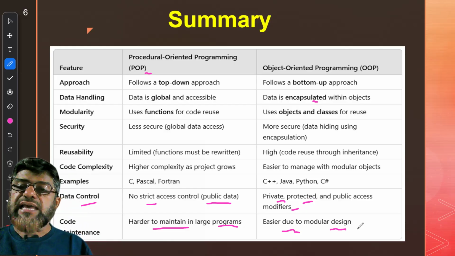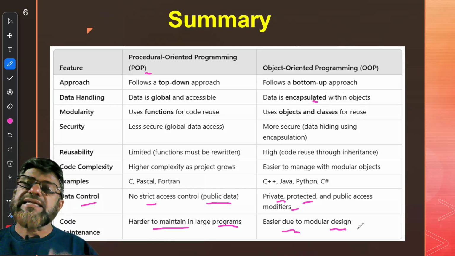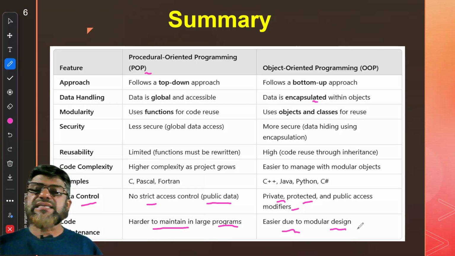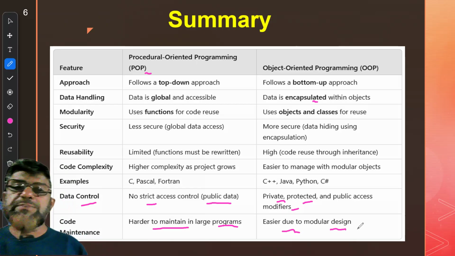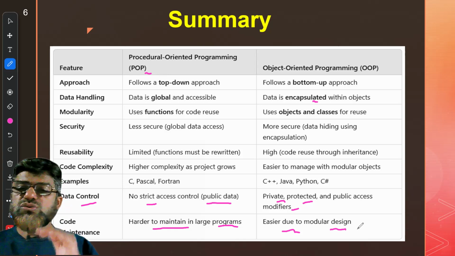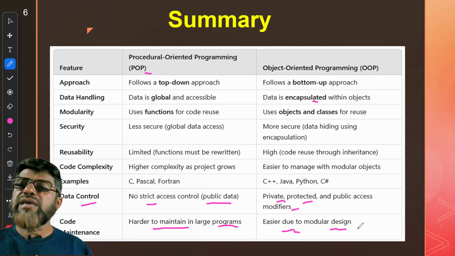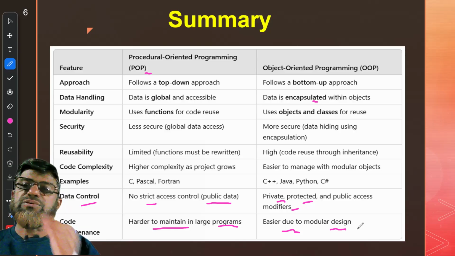Nowadays, all over the world, Python programming has replaced C and C++. Even in schools, colleges and universities, they have started to use Python programming. And why? Because it has all the features of OOP.